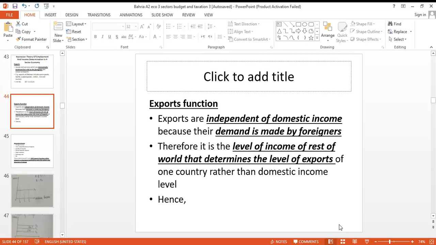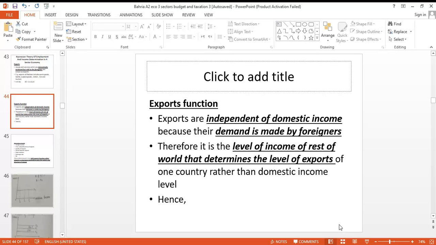I mean, what you're exporting may be a function of the income of the people in other countries, but it is not a very strong function of the income in the country from where the export is originating. All right. So what then is the export function?